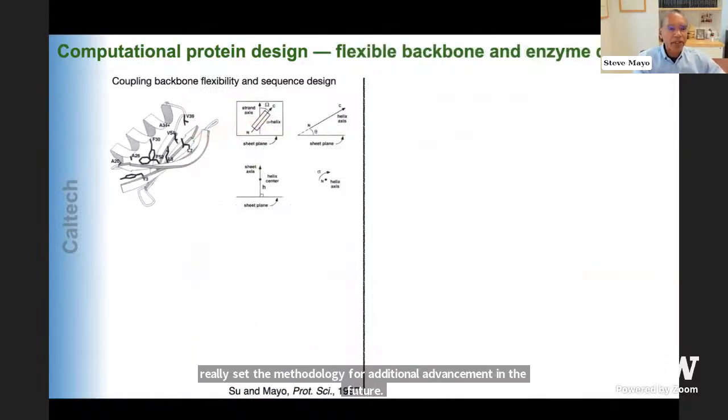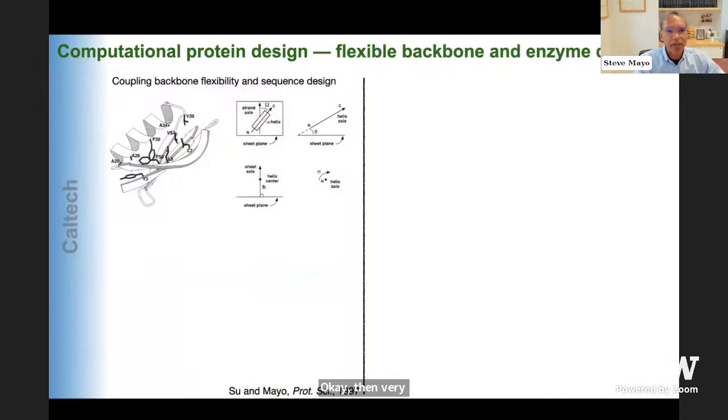Okay, then very briefly, I just want to mention something about backbone flexibility and sequence design. So in 97, Alice Su in the lab implemented an approach to look at coupling backbone flexibility to sequence design. And in her hands, what she did was to define supramolecular parameters that define the structure.